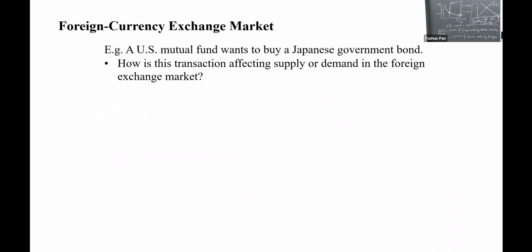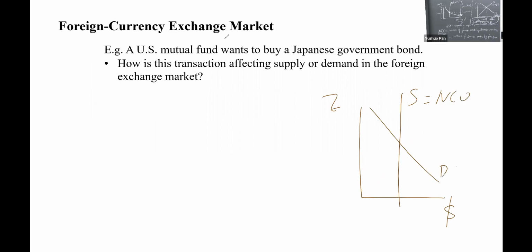A US mutual fund wants to buy Japanese government bonds. How is this transaction affecting supply or demand in the foreign exchange market? Well, does this influence NCO or NX? The supply equals NCO, and the demand equals net exports.